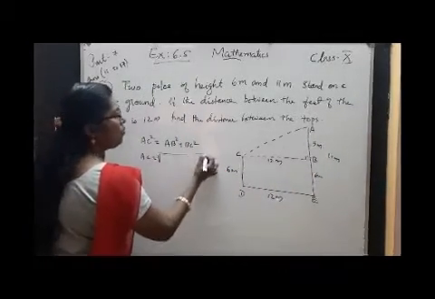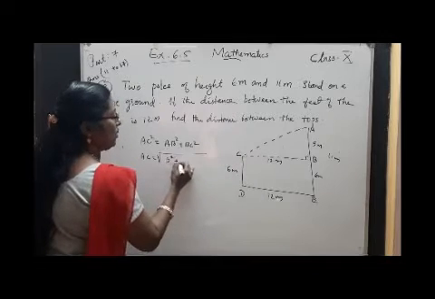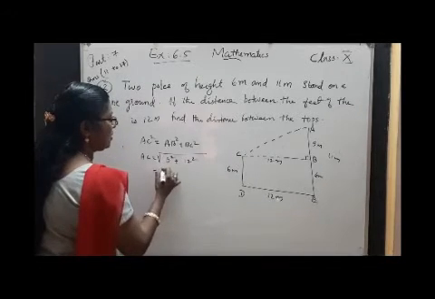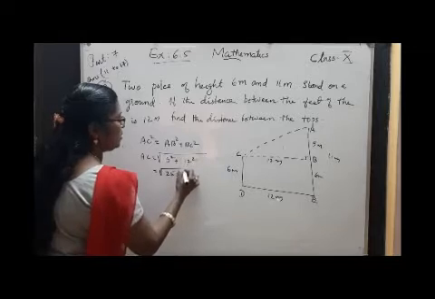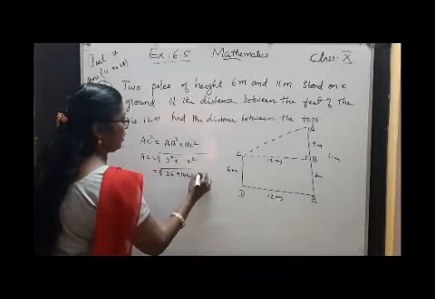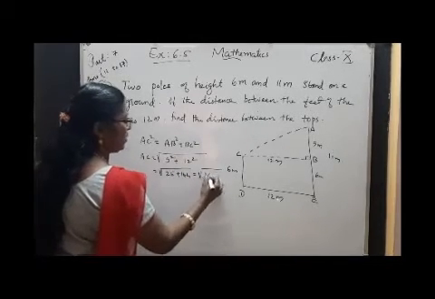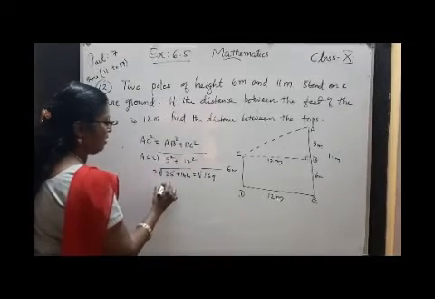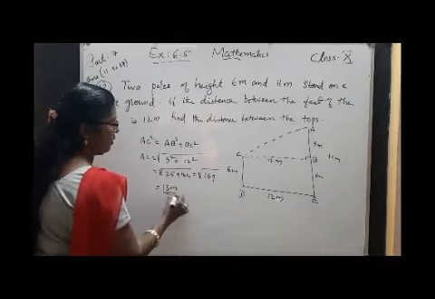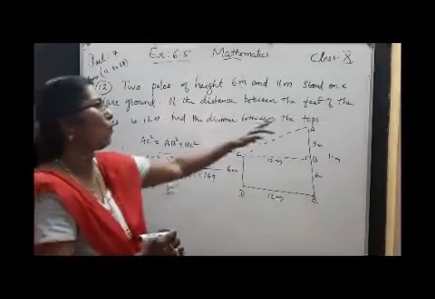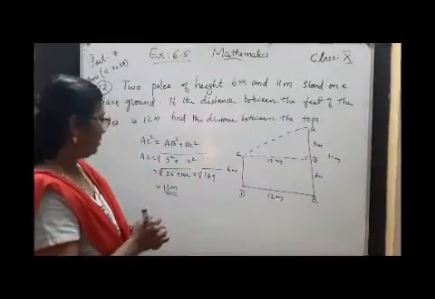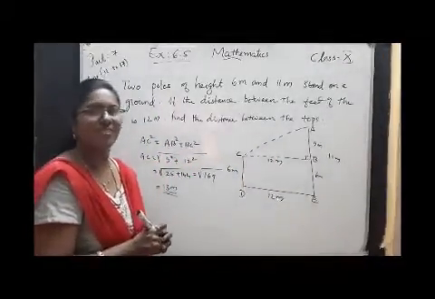AC equal root of 5 square plus 12 square. That is 25 plus 144. That is 169. The root of 169 is 13 meter. The distance between the top of 2 poles is 13 meter. Okay, it is one of the 1 mark question.